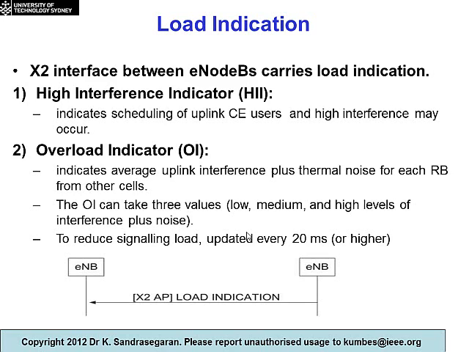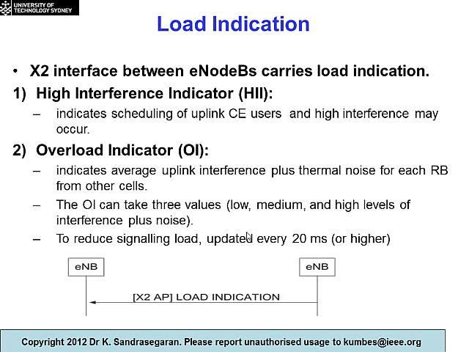So this is only information about your cell edge users that you send to your neighbors, because it's the cell edge users that are going to cause most of the interference. There's also another thing called overload indicator.